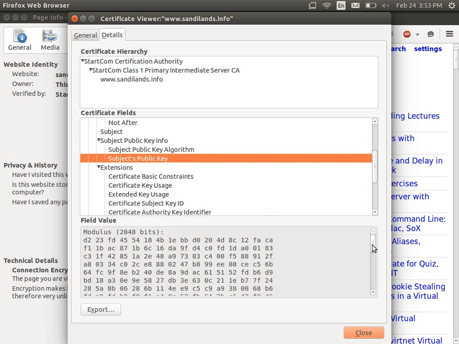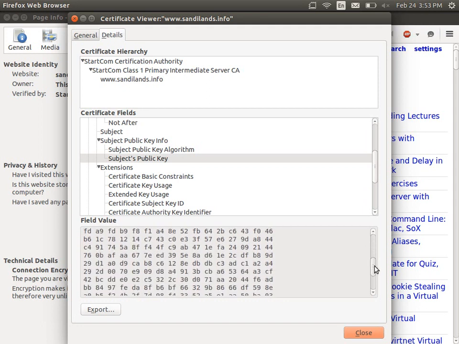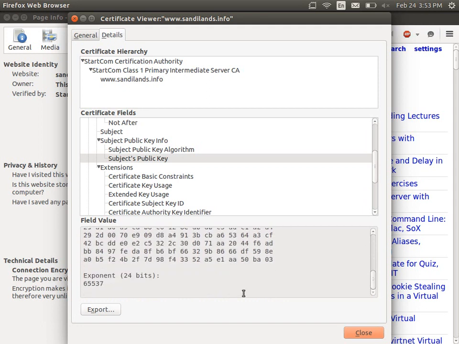The modulus is 2048 bits, and the exponent e is 65,537. This is the public key of the website that I visited. And that's used to support securing the connection between my browser and the website. So RSA is widely used in web security.